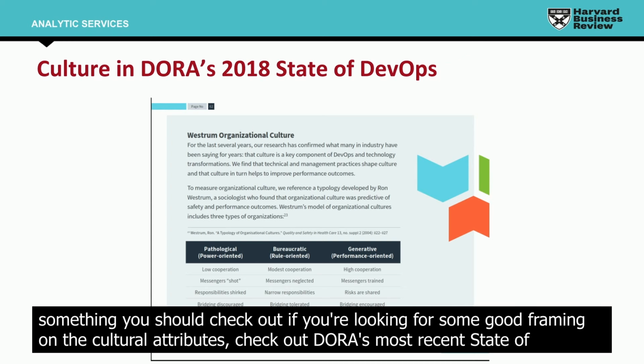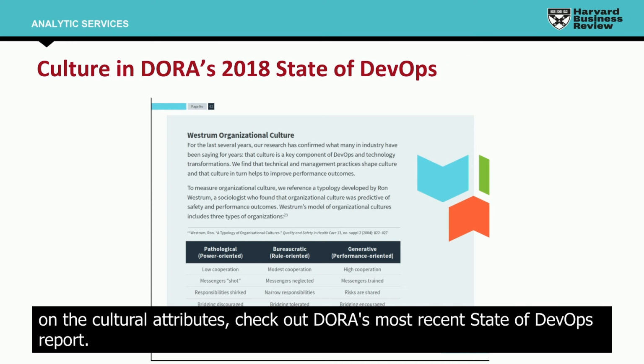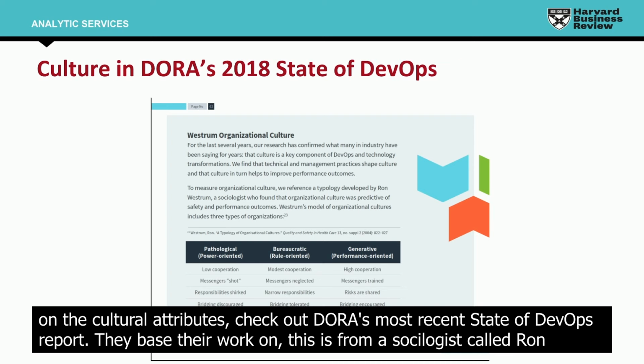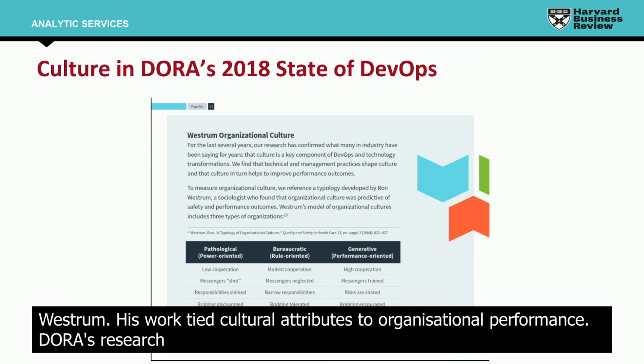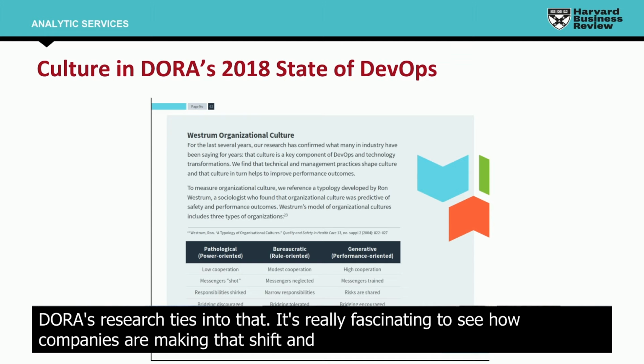They base their work on the work of a sociologist named Ron Westrum, and his work tied cultural attributes directly to organizational performance. And so DORA's research really ties into that, and it's really fascinating to see how companies are making that shift and where you need to head. This is a good framing for that.